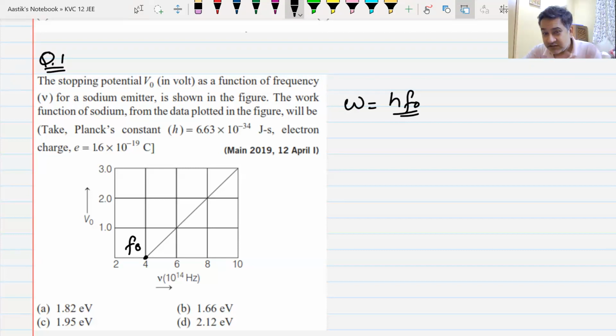Now, if you're taking 5 minutes to solve this, then what will happen? This was a question of 2019 JEE Mains. This is how questions are framed, beta.